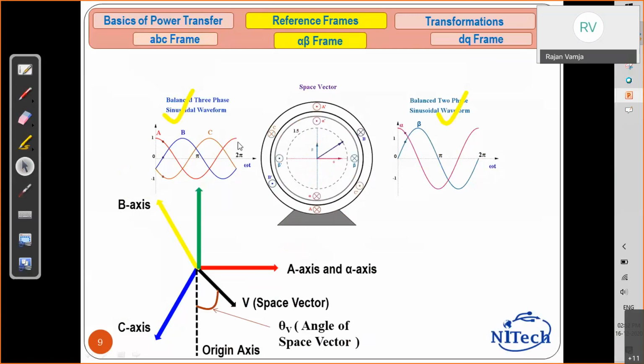So you can see alpha is equal to 0 when omega is equal to 0.